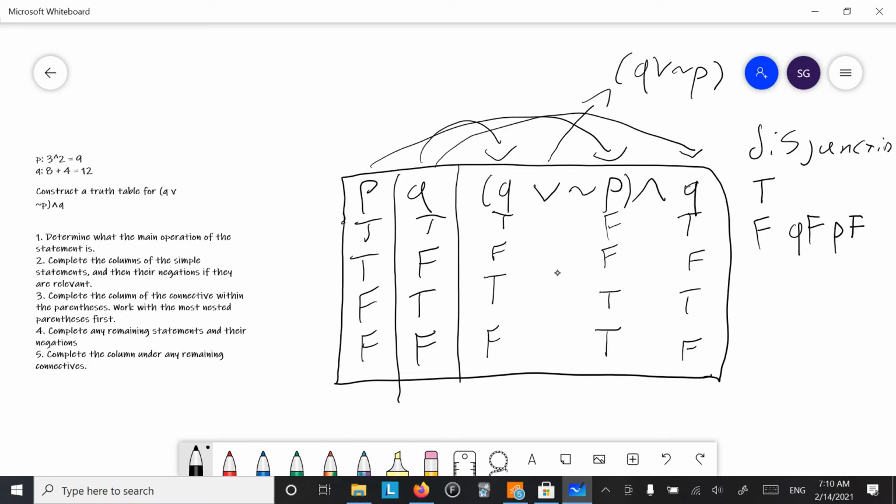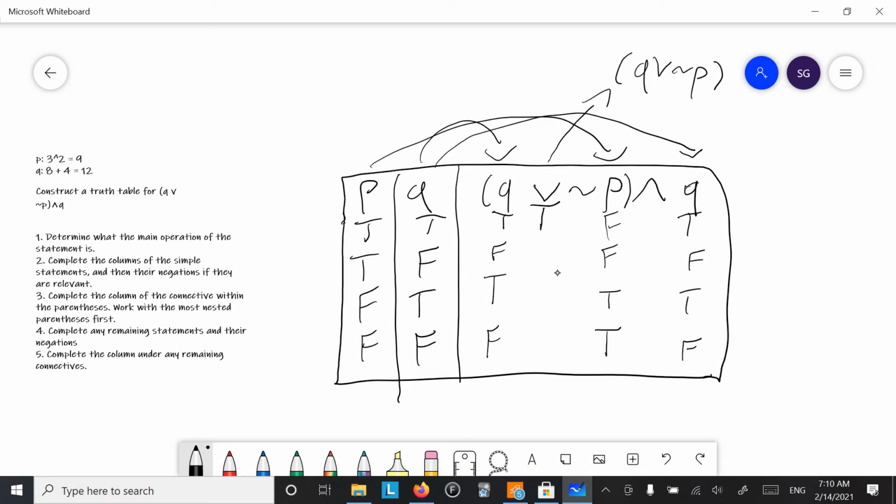It's true any other way besides that. Every statement has to be false for the disjunction to be false. So what do we see here? We see that while the negation of P is indeed false, Q is true. So that means that the disjunction is also true.